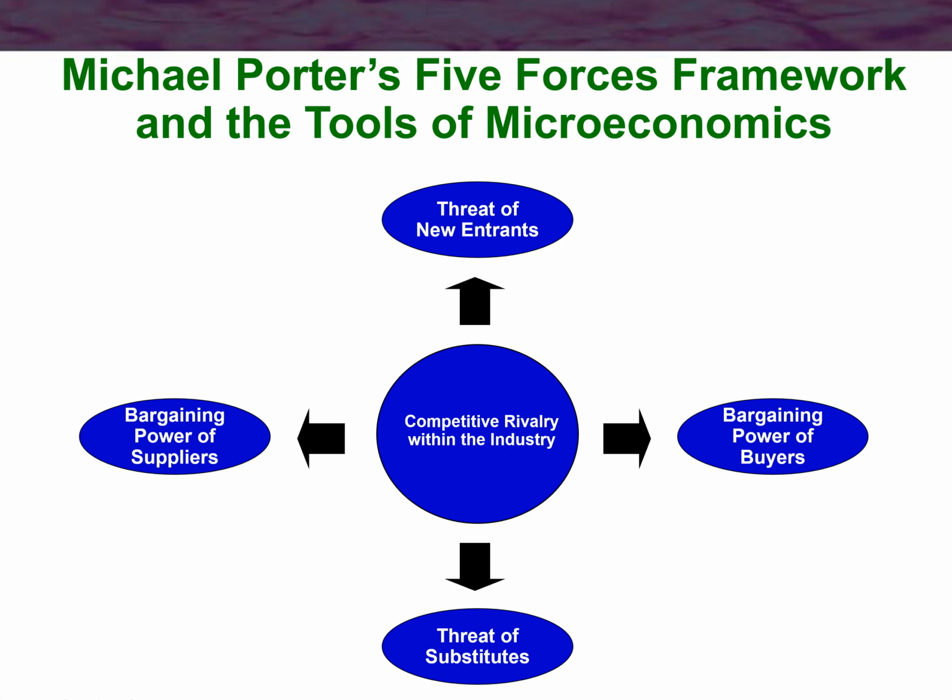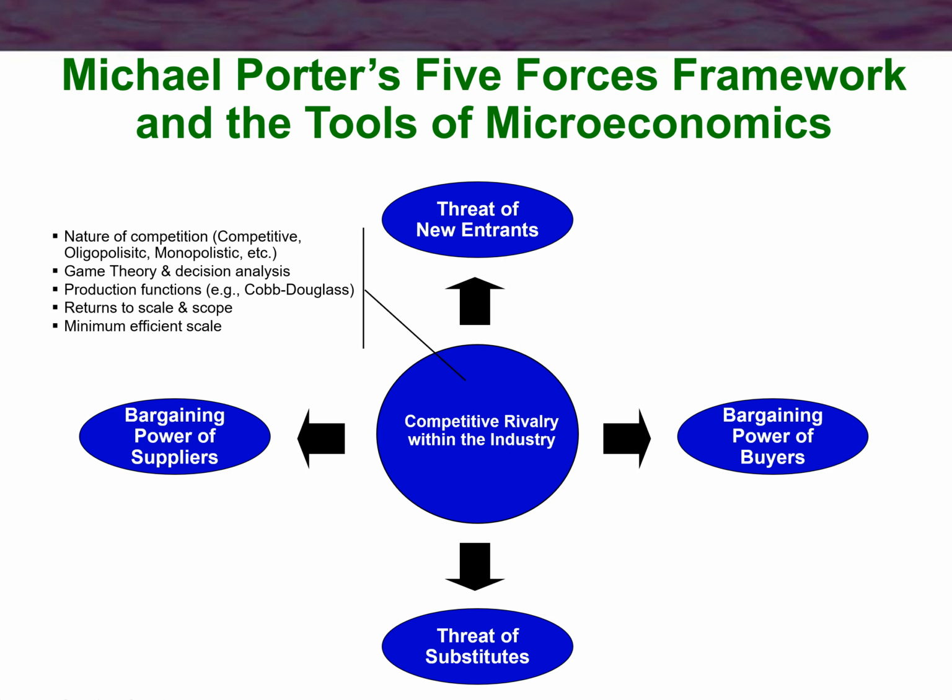So now when we look at all of the 5 forces here, we see that each one of them has a relevance to what we've already covered in class. Like I told you before, with the competitive rivalry within industry, we dealt with this when we talked about measuring market structure, when we talk about HHI, concentration ratio.